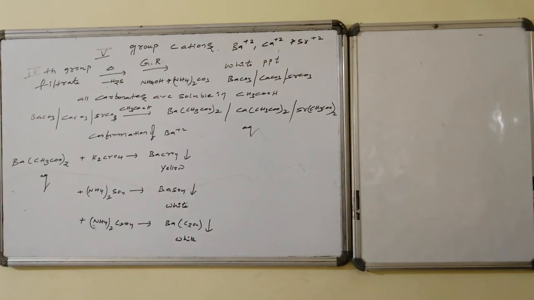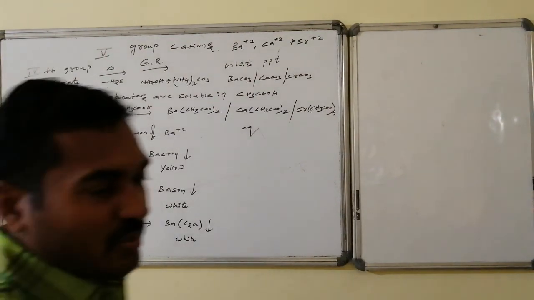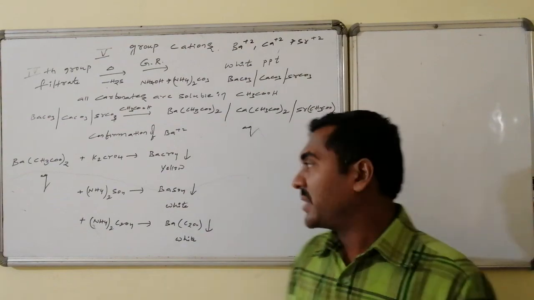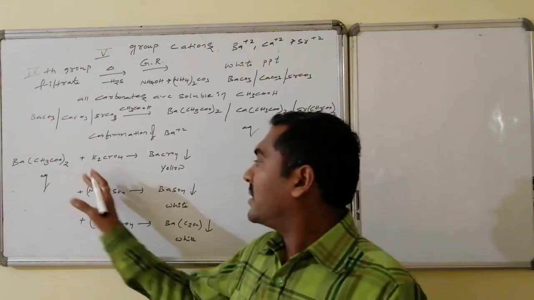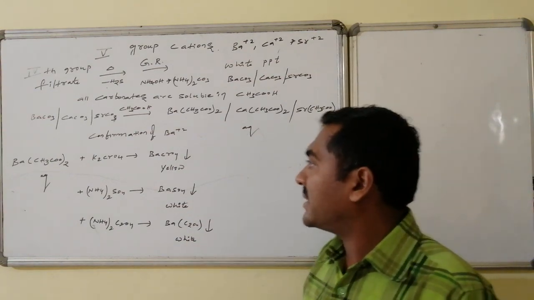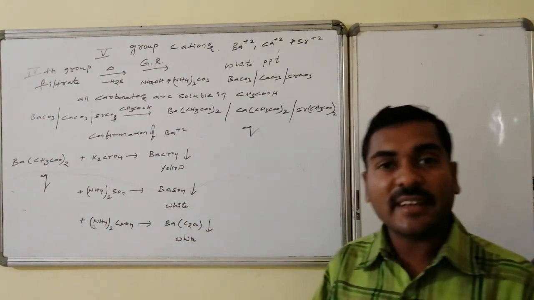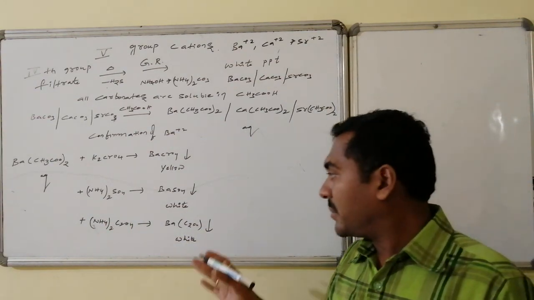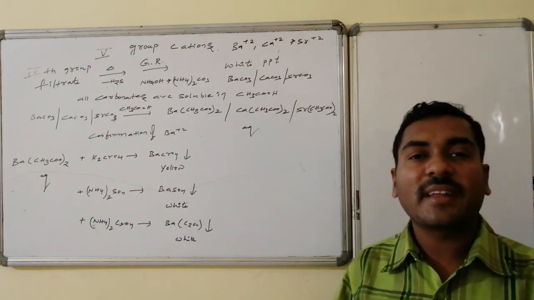The barium acetate aqueous solution on reaction with potassium chromate forms barium chromate, yellow color precipitate. On reaction with ammonium sulfate, barium sulfate, white color precipitate. On reaction with ammonium oxalate, it forms barium oxalate, which is also a white color precipitate.